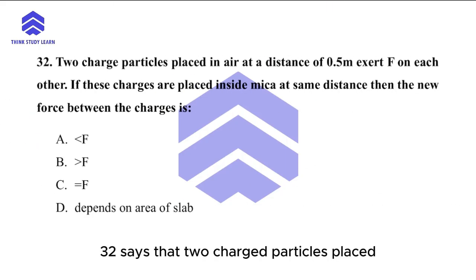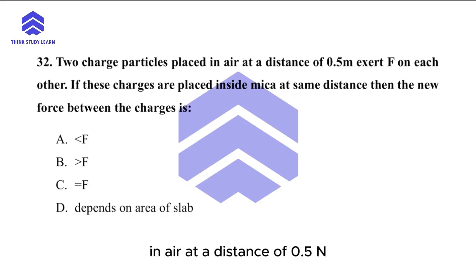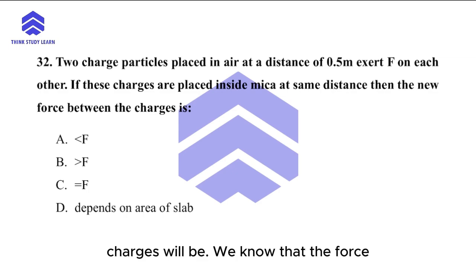Question 32 says that two charged particles placed in air at a distance of 0.5 meter exert force on each other. If these charges are placed inside mica at same distance, then the new force between the charges will be. We know that the force between two charges in a medium is given by Coulomb's law.